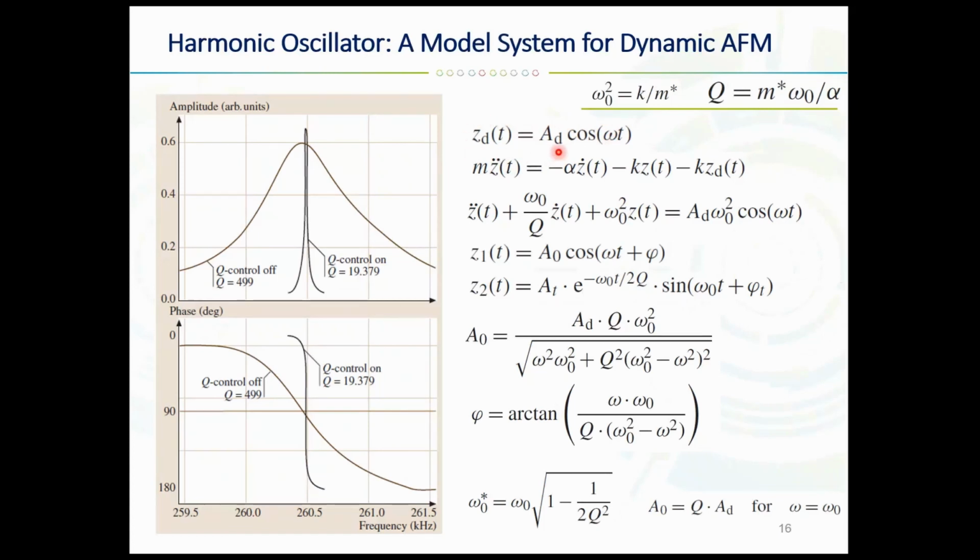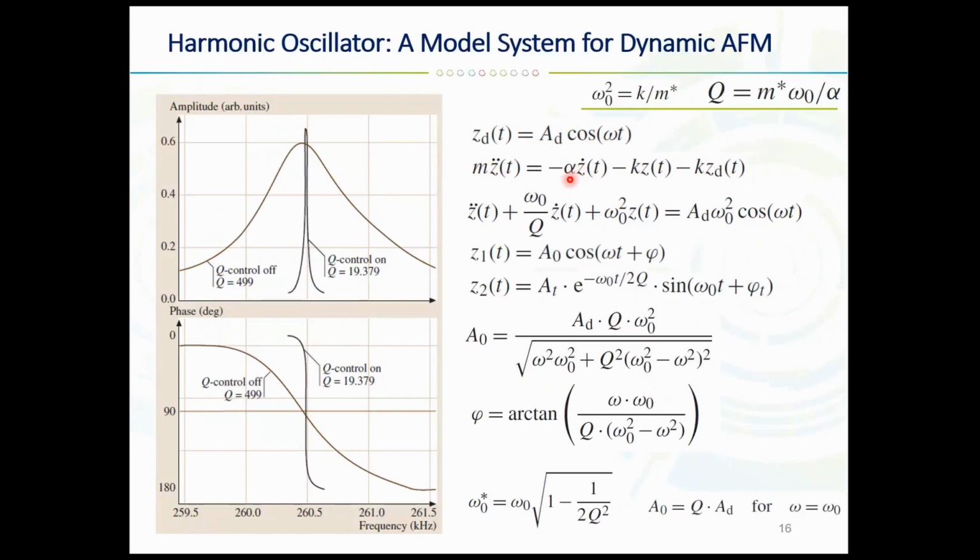So we will assume that the cantilever spring obeys Hooke's law, and then we will introduce a friction force that is proportional to the speed of the cantilever motion. So this is this equation. Alpha here denotes the damping coefficient.